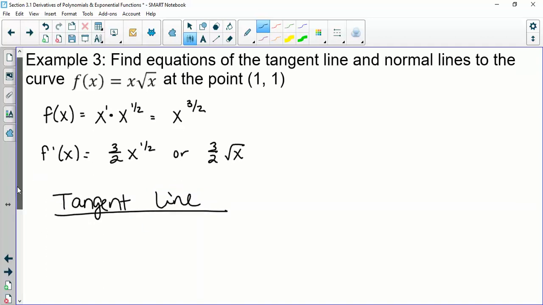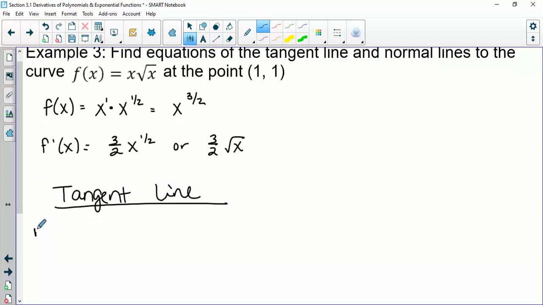To write the equation of a line, you need a point and a slope. My derivative is my equation for the slope. My x was 1, so we get 3/2 for the slope.